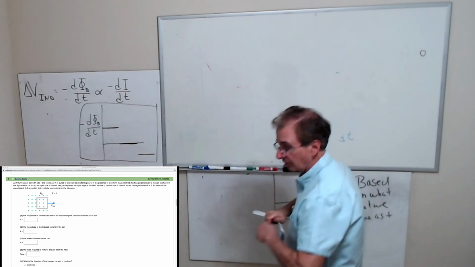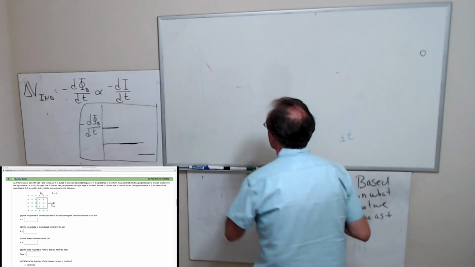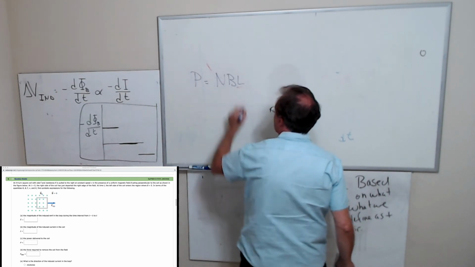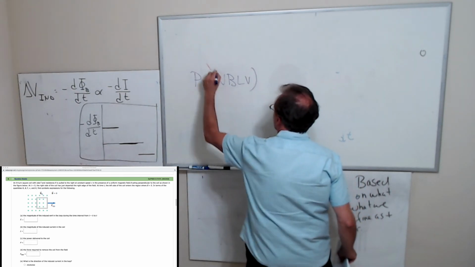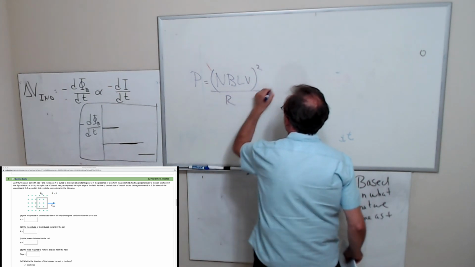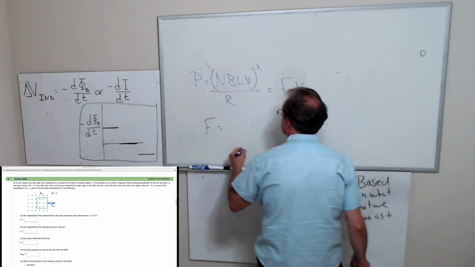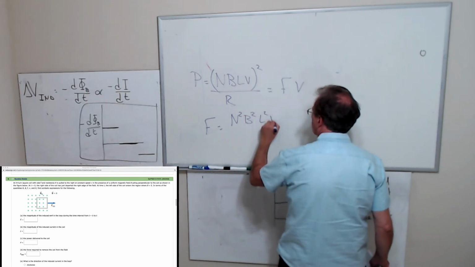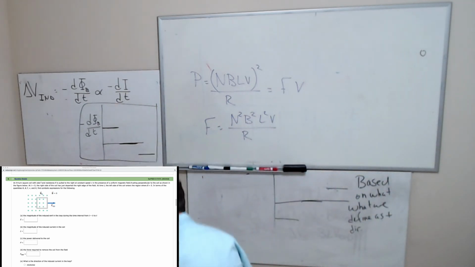What was your expression for the power? So you get N B L V squared, so you should get F equals... and it marked it as wrong.